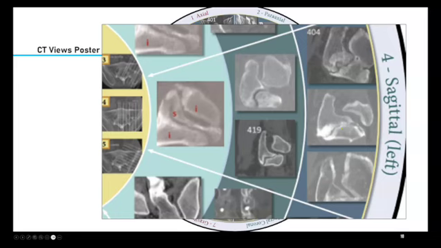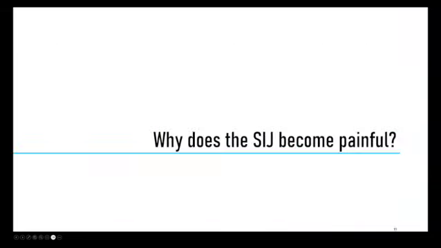And we need to know that because it does pose responsibilities to the orthopedic surgeon, which follow the principles in the rest of orthopedics. So my opinion, why does this SIJ become painful in the late state? It's osteoarthritis. That's my impression.